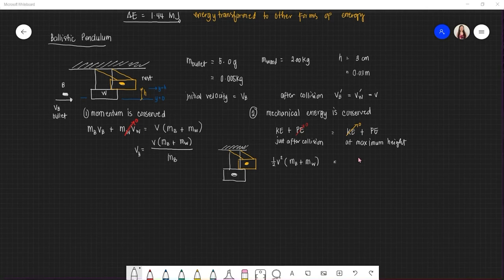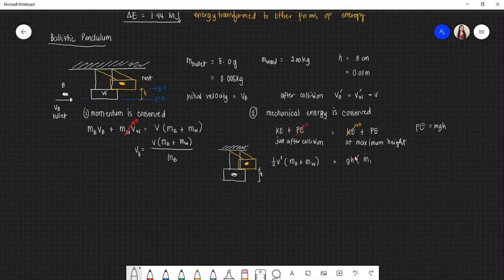And the potential energy of the two, PE equals mgh. So gh is common, so you can factor out acceleration due to gravity times the height, which is the maximum height reached by both particles, and then you just add their masses.